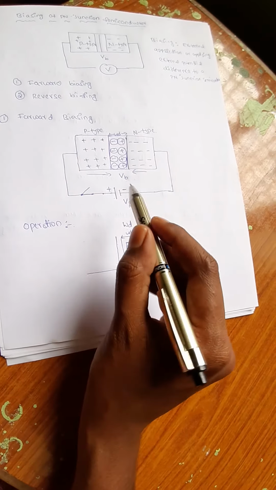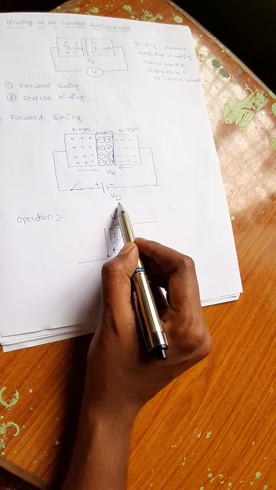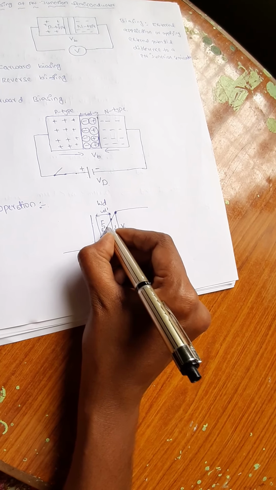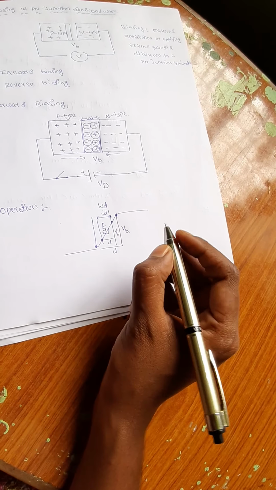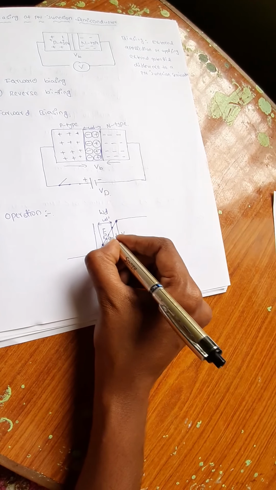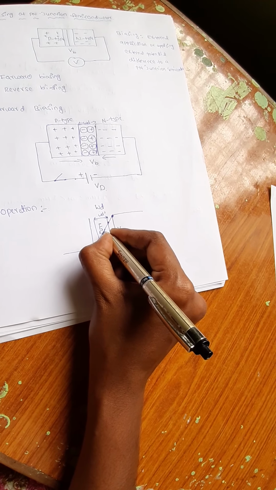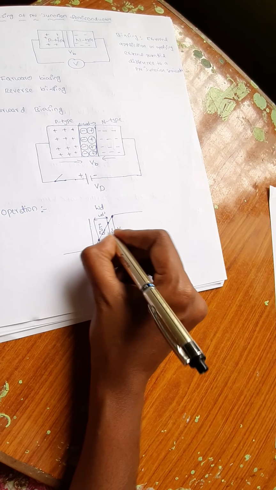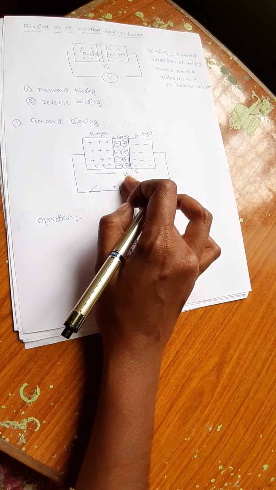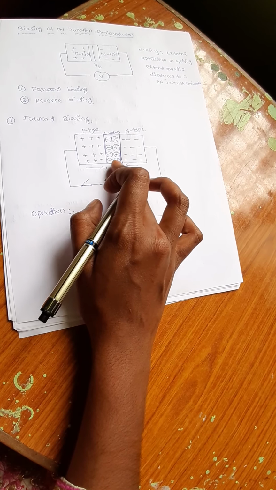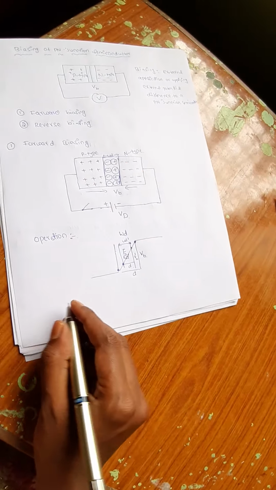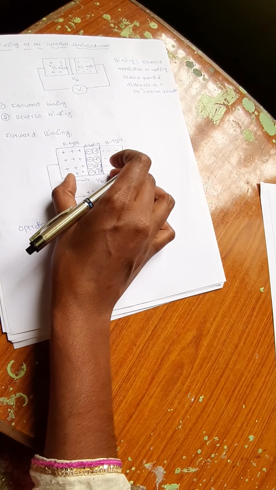Keep on increasing the externally applied voltage, then this becomes the potential difference, and the electric field shrinks. Now if we increase the voltage until it equals the barrier potential, the higher potential and lower potential are equal, so the value of VB becomes 0, meaning there is no depletion region. There is no resistance present in the depletion region, so there is a movement of electrons from here to here. We can understand it in a better way, so let us consider this only.